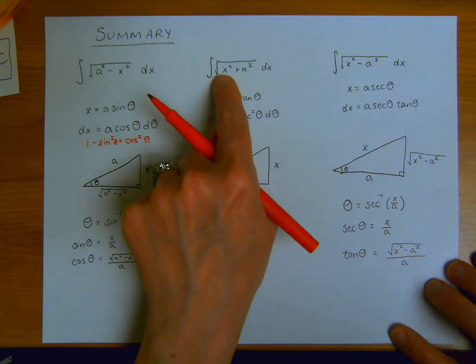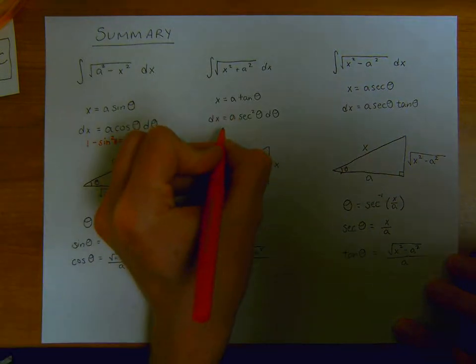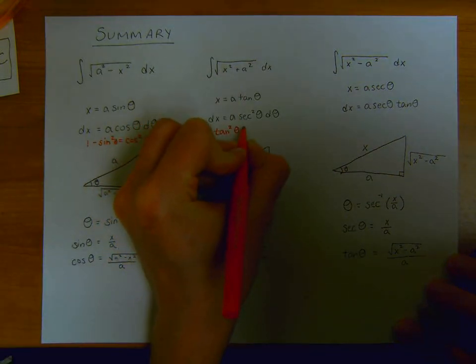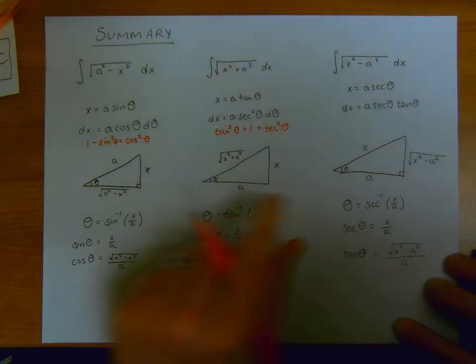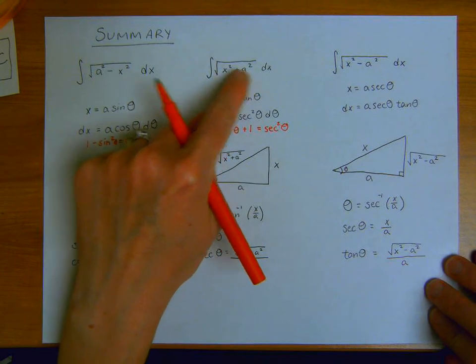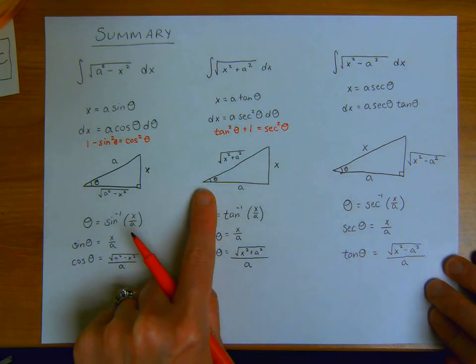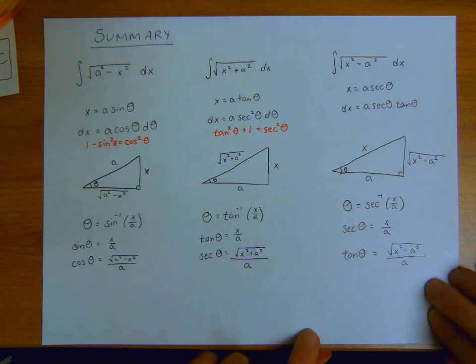You can figure out the adjacent to find out the other trig elements that you might need. The other substitution we saw was the idea that tangent squared theta plus 1 is equal to secant squared theta. So when I add these together, I could square root it and get a secant. And then when plugging back in, I can use these triangle identities.